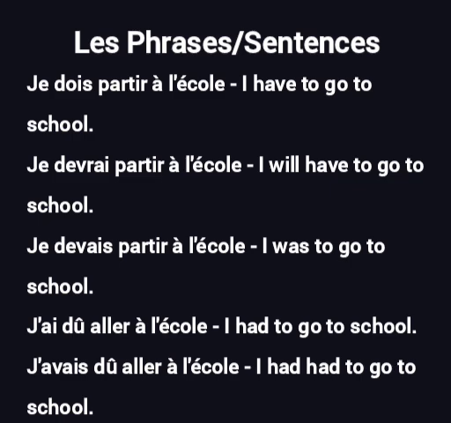So present tense, je dois aller à l'école. Je devrai aller à l'école, futur simple. Je devais aller à l'école, imparfait. J'ai dû aller à l'école, passé composé. J'avais dû aller à l'école, plus que parfait.